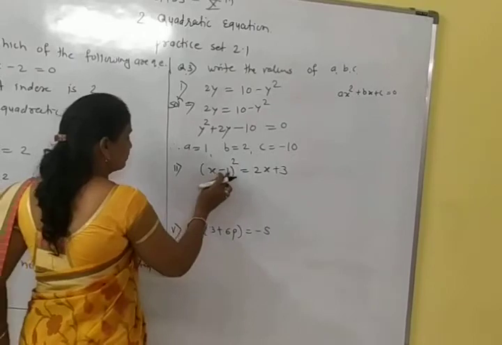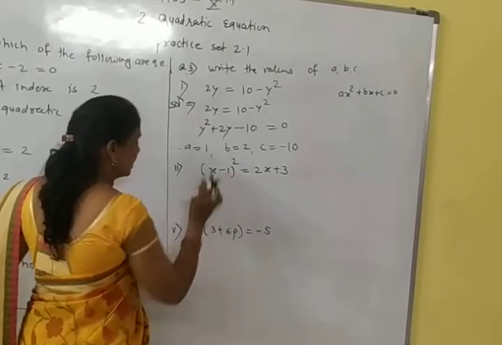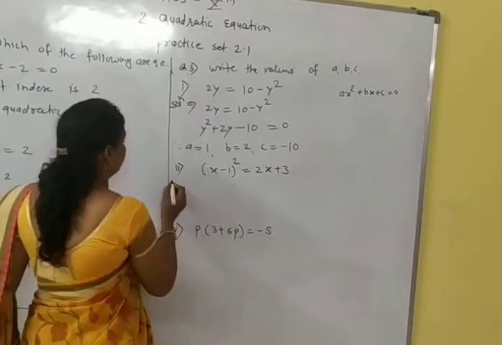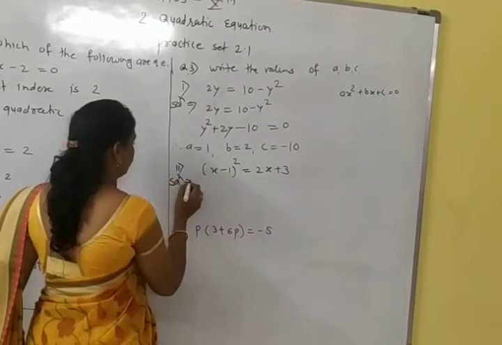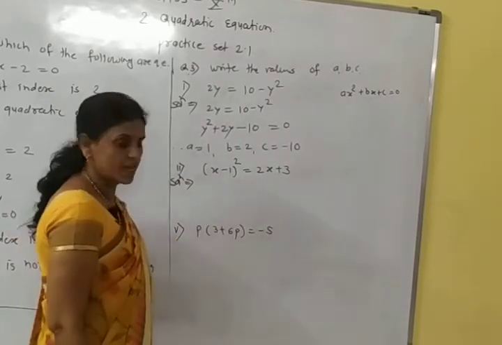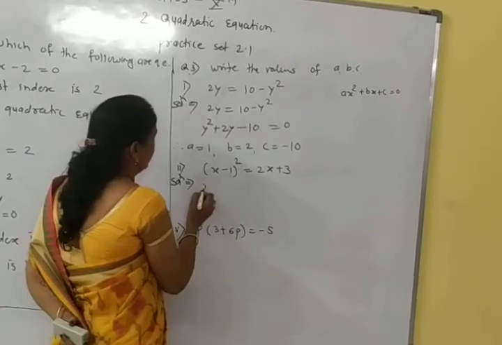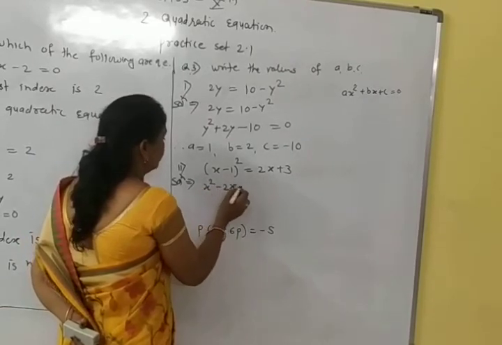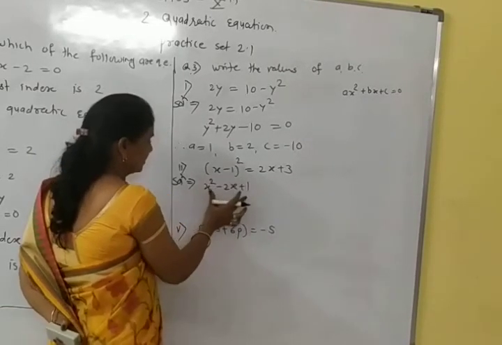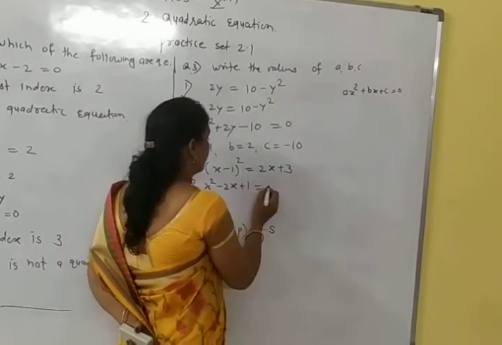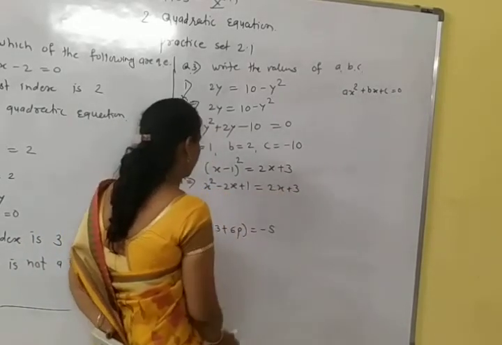Means x minus 1 square. This is the a minus b bracket square. By using this formula, x square minus twice x plus 1 equal to 2x plus 3.